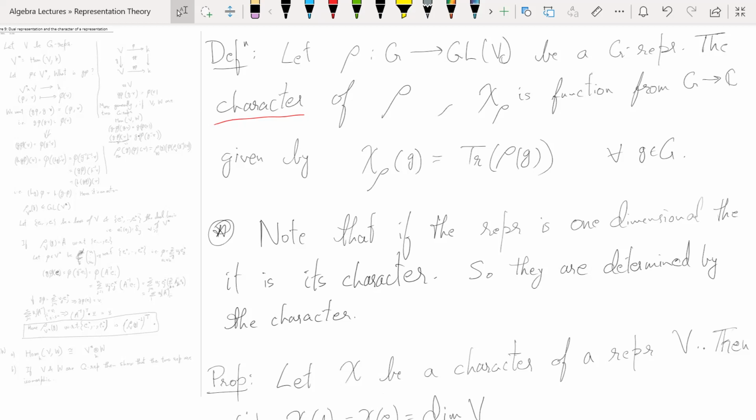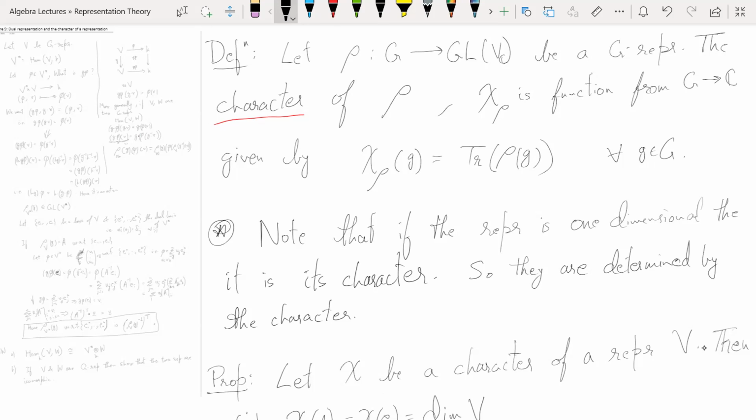But anyway, in this course we are thinking only of C. So the way to define it is you evaluate: chi rho of G is just trace of rho of G. So it's some function, and need not be a group homomorphism or anything. Sometimes, if you start with a one-dimensional representation, then the matrix is a one by one matrix, so the trace is that matrix itself.